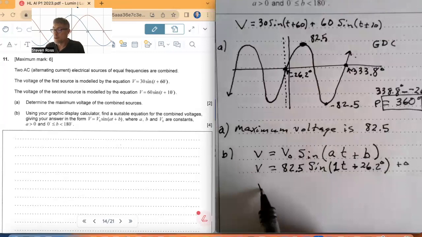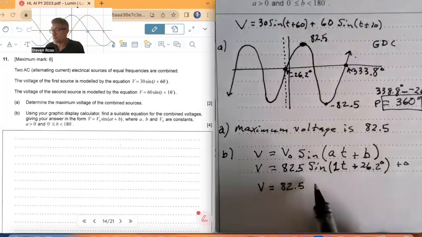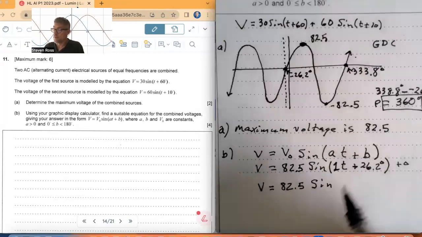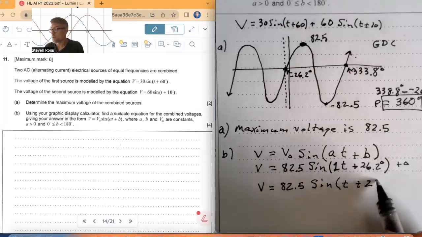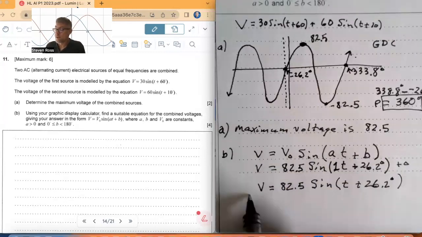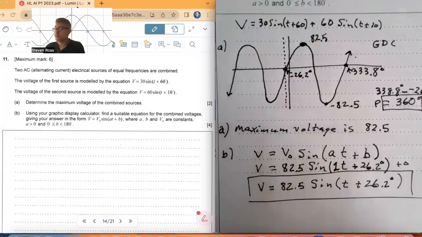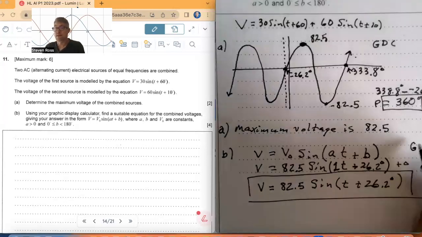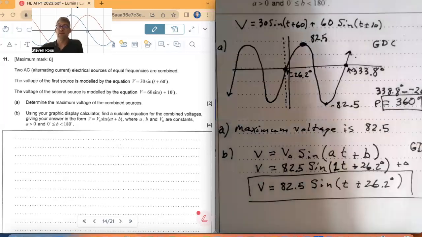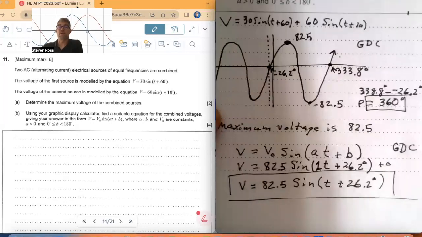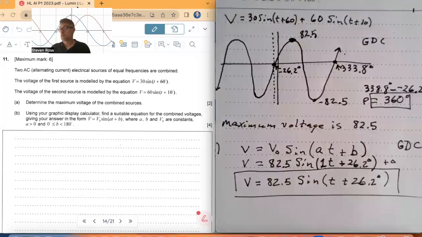So let me rewrite it one more time: 82.5 sine of 1t plus 26.2 degrees. And I found that using my graphics display calculator. And I do believe we are done. I took my time with that question, but it should be about a 5-minute question.